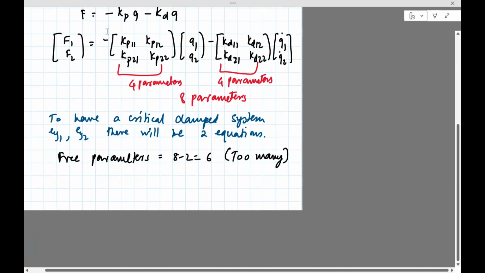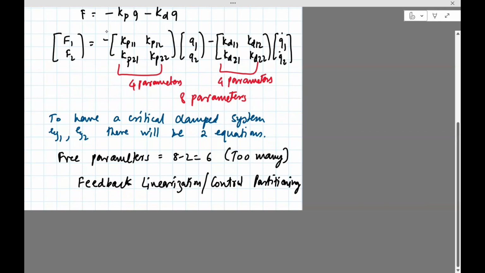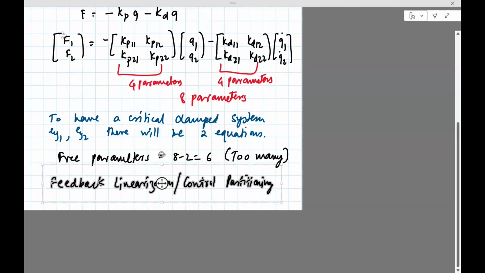So this is where we get to a method called feedback linearization. Sometimes it's also known as control partitioning. So you'll see that method will actually help us to dramatically reduce the number of parameters.